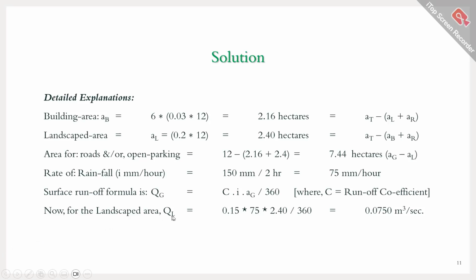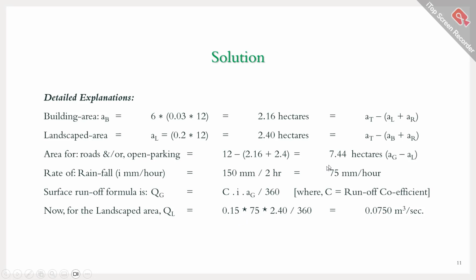Now, for the landscape area, the runoff will be QL, which is nothing but CIA divided by 360, this same formula. So for the landscape area, the coefficient of runoff for the landscape is as given in the question, 0.15.